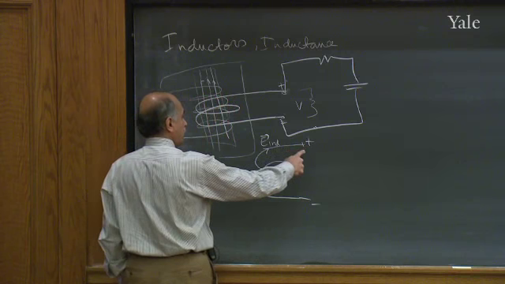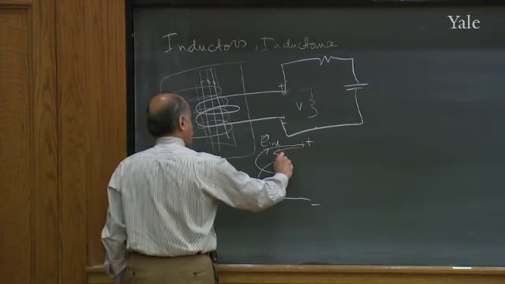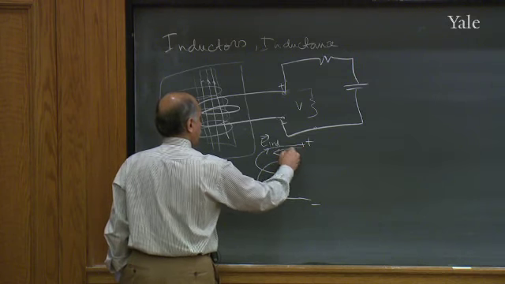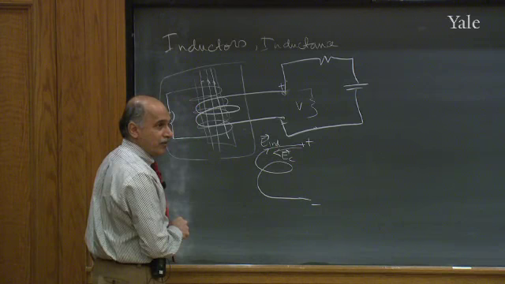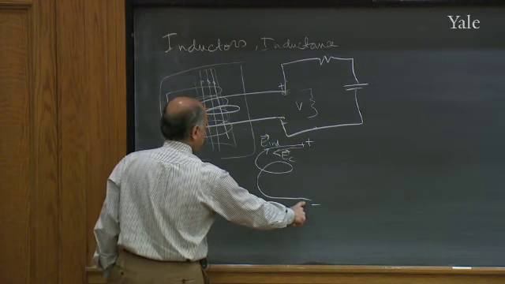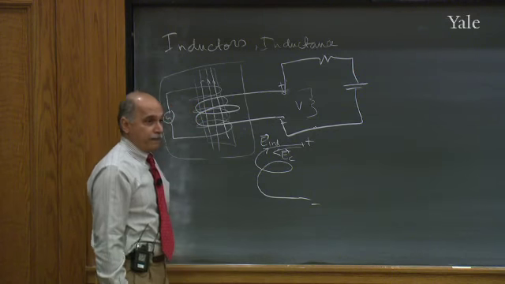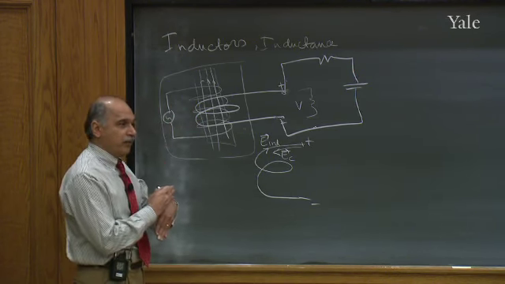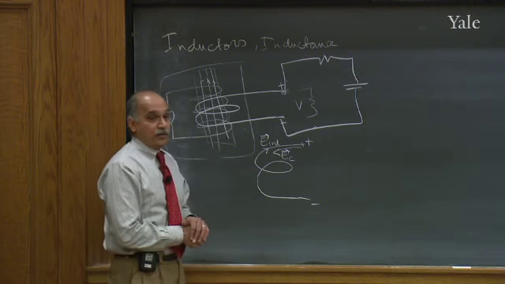After a while, these charges will say enough, and they'll start fighting you until they set up an electrostatic field, a Coulomb field, inside the wire that cancels this. Do you understand that the integral of this electric field from top to bottom will numerically equal the integral of the induced electric field from bottom to top? Because at every point they're equal in magnitude, because you cannot have a non-zero field inside a wire.